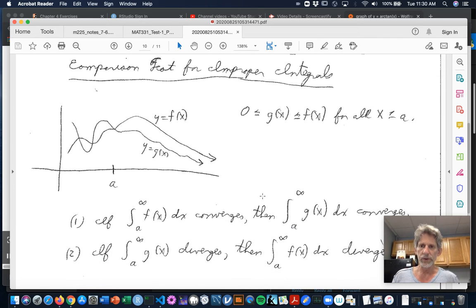Here's a useful idea when you have a really tough integral to deal with. Suppose that you've got two functions, f of x and g of x, and I've got them graphed here.